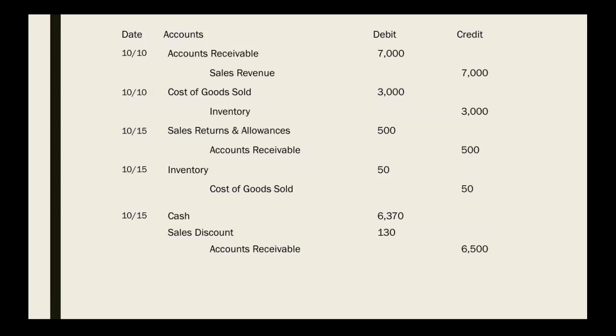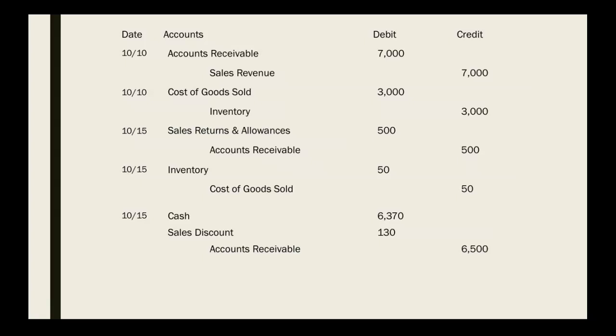So if you are working through this problem, you would probably first figure out your accounts receivable amount. In which case you make a T account for accounts receivable, and you notice you had a $7,000 debit on the 10th and a $500 credit on the 15th, which gives us the balance of $6,500.